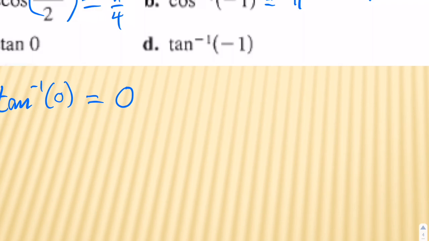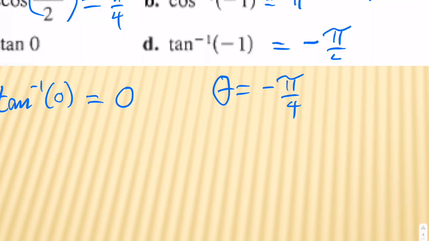Well, since we are talking about negative pi halves to pi halves, we have to say tangent is equal to negative 1 when theta is equal to negative pi fourths. So the answer to when is inverse tangent equal to negative 1, that would be negative pi fourths.